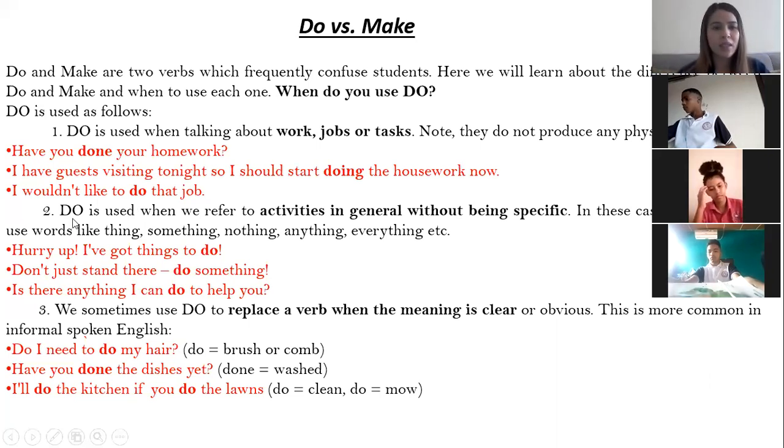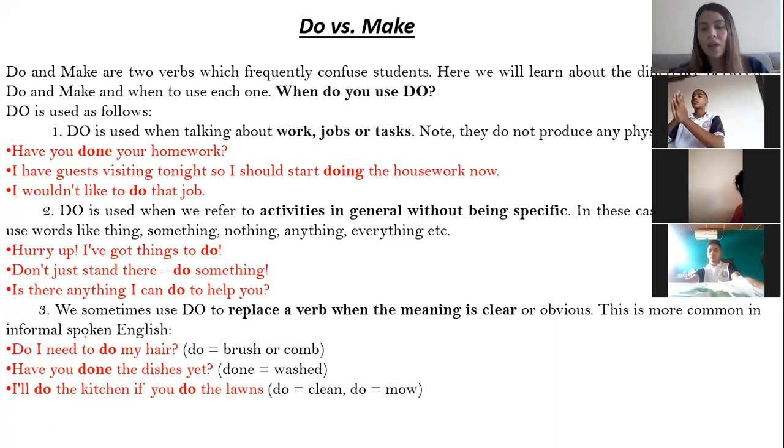Use your mind. Do is used when we refer to activities in general without being specific. In these cases, we normally use words like thing, something, nothing, anything, everything, etc.